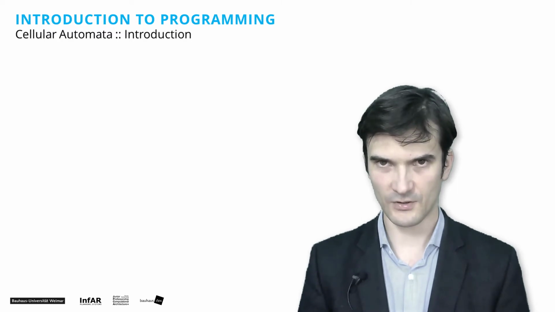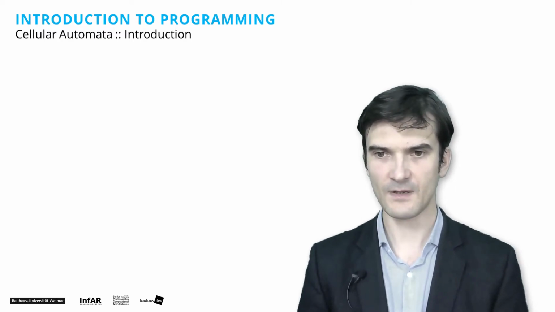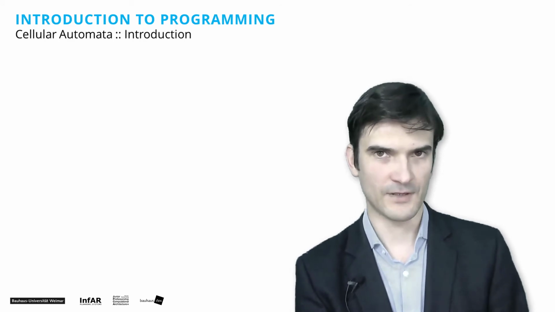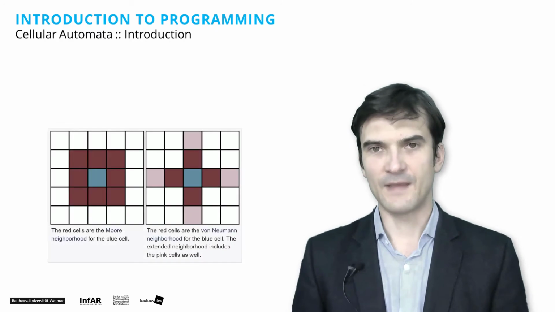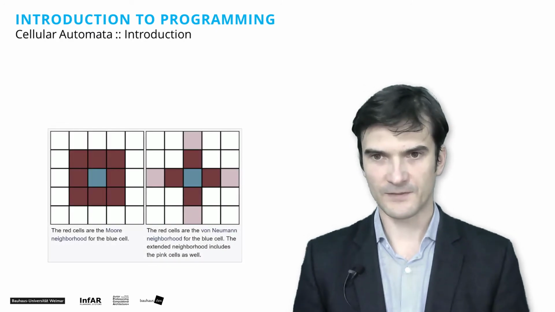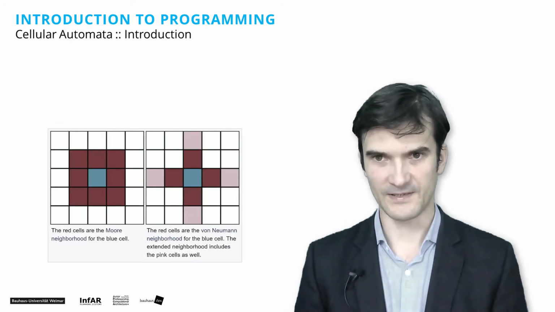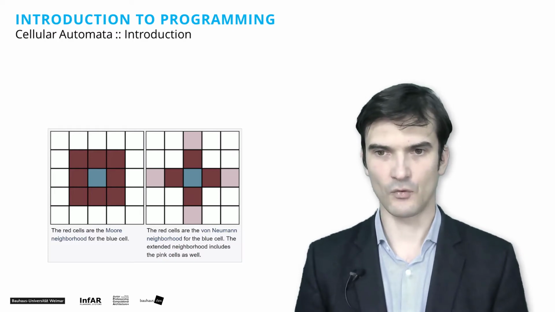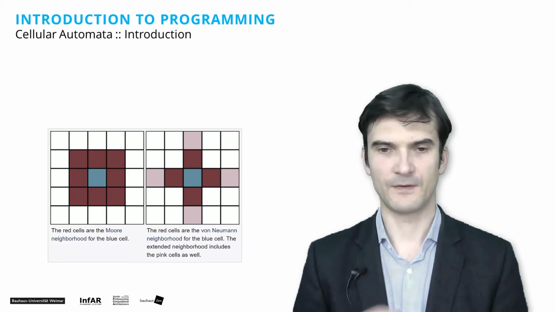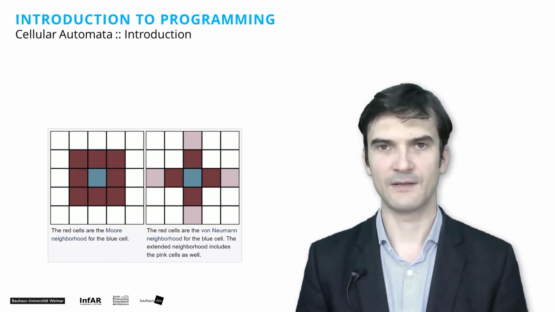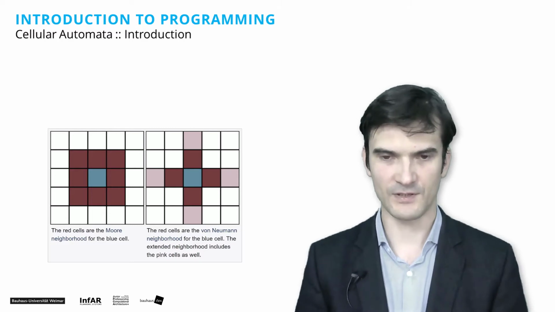But for the introduction of the technique and the method of CA, we start with a regular grid. The most often used neighborhood in a CA is the so-called Moore neighborhood, which is the 8 directly neighboring cells around a considered cell.